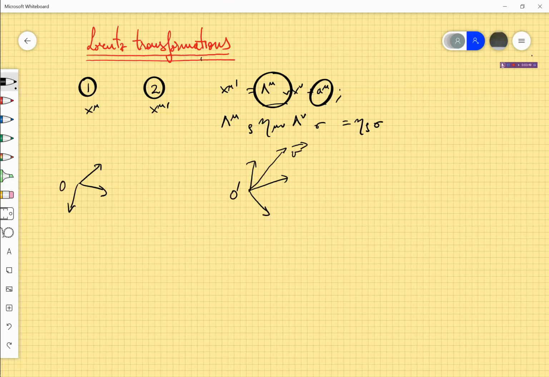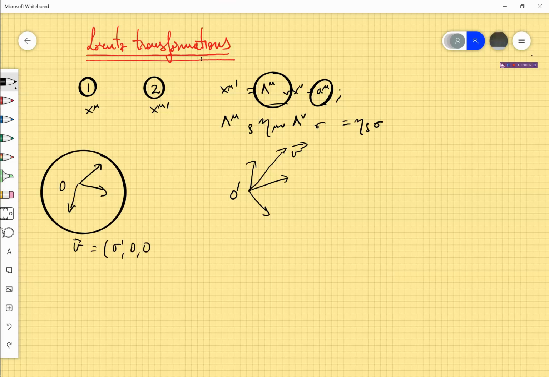Since it is moving in this direction, we are going to make some simplifications using, first of all, spatial rotations. We want to rotate this system 1 in such a way that v will be only (v1, 0, 0).